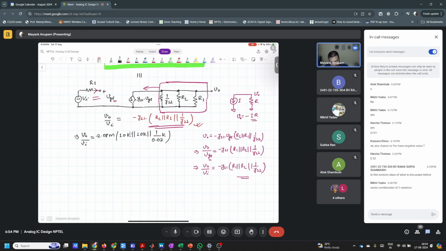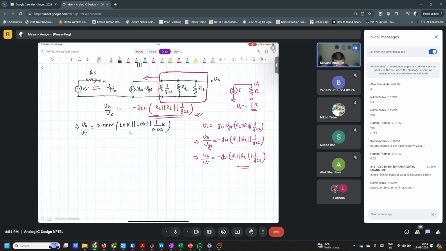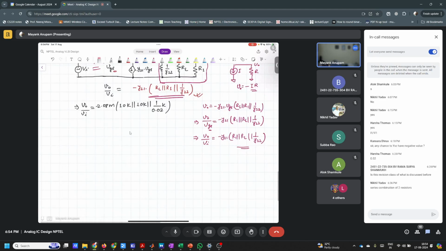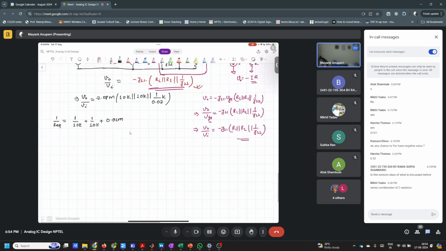So find the inverse of these and find the effective conductance. 1 over R equivalent becomes 1 over 10k plus 1 over 10k plus 0.02 milli, which is 0.1 milli plus 0.1 milli plus 0.02 milli.